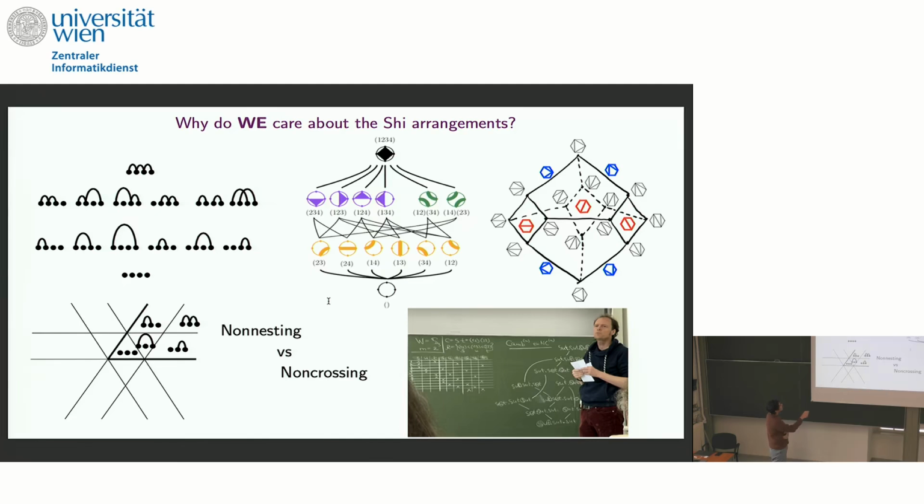So this would be the S3 inside S4, and this would be the S2 cross S2 inside S4. So really, there are many ways to relate the non-crossing and non-nesting partitions. You would like to relate them in a way that keeps track of how these two quantities are identified. You might want to relate them in a way that keeps track of a different cyclic structure that they have. So it's difficult in many ways.